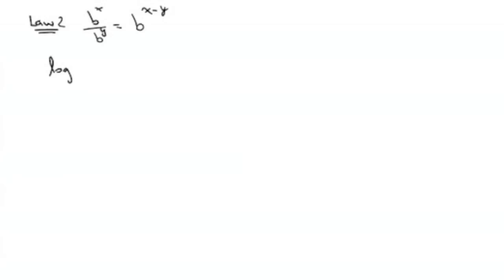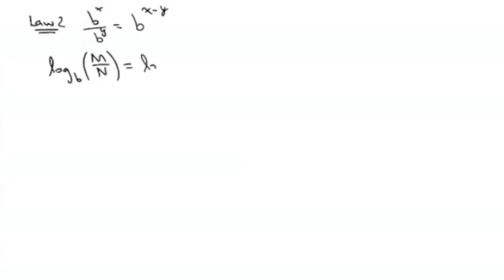Law number 2, I'm just going to write it down. The proof is identical. It kind of works on this one. b to the x over b to the y is equal to? b to the x plus y? Definitely not plus. Minus. b to the x minus y. So if you have the log base b of m divided by n, this equals, take a guess, the product became pluses, the quotient's going to become minuses.